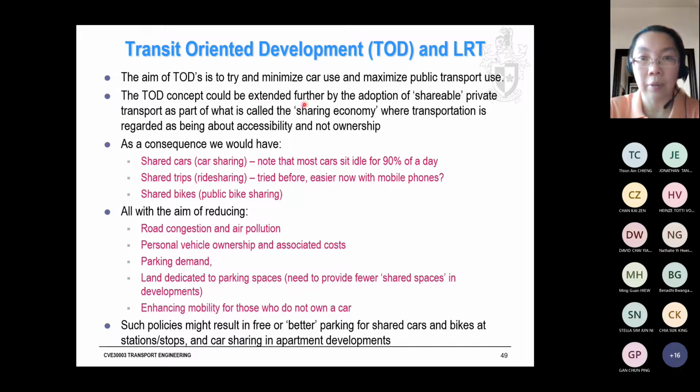And it could be extended further by the adoption of shareable private transport, the sharing economy. The consequence is that we would have car sharing, ride sharing, or even bike sharing.